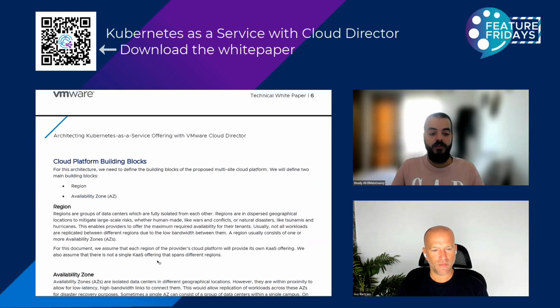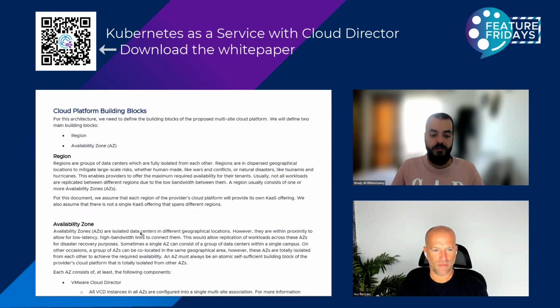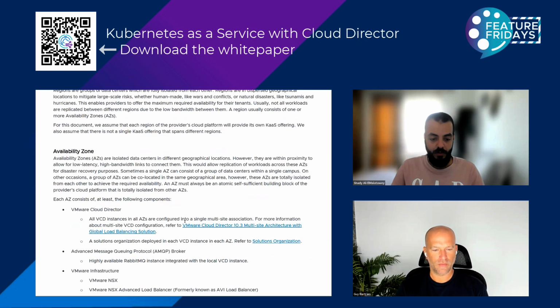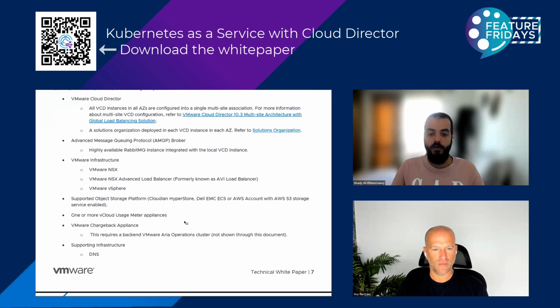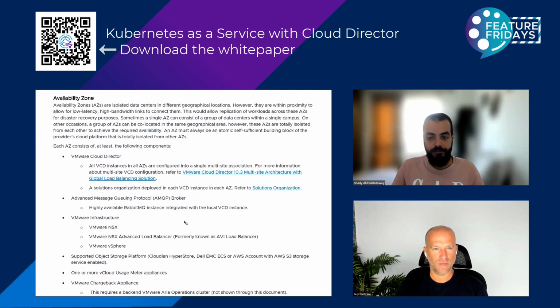Then I dive into, again, the definition of a region and the definition of an availability zone. For me, an availability zone is a single site that is self-sufficient, that has all of the necessary components to establish a cloud platform. This is condition number one. And condition number two, if your cloud platform consists of different availability zones, a failure of one availability zone should not affect operations in other availability zones, right?